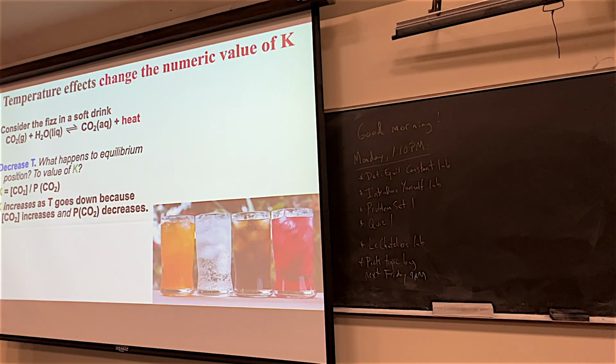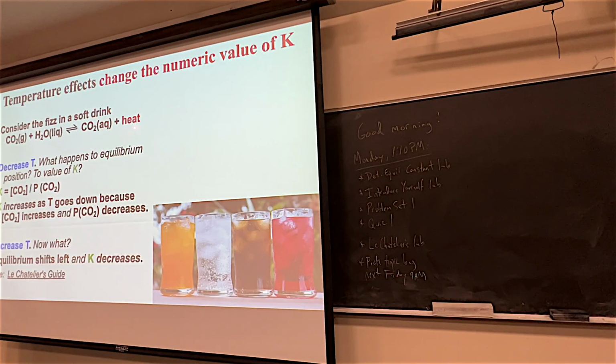Now, the opposite is a good thing too. So let's say we've got your soft drink and we want to increase the temperature. Increasing temperature is like adding heat. So if you get warm, you take your coat off or you take your blanket off, whatever. So you want to try and get away from the heat. Reactions are the same way.